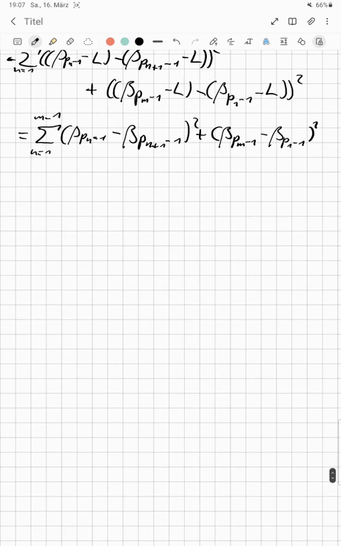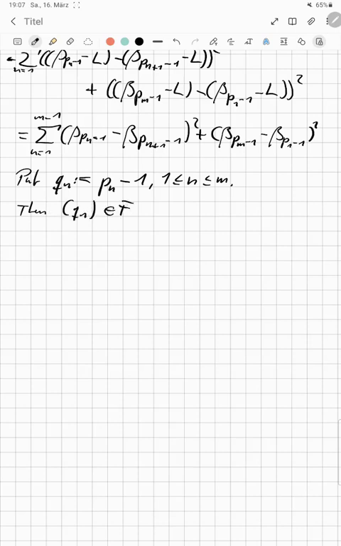And now I will not go over the very details, but we can now put Qn to be the same as Pn minus 1 for all n in between 1 and m. Then these Qn's are valid indices, and they fulfill that Z of gamma Pn is the same as Z of beta Qn.